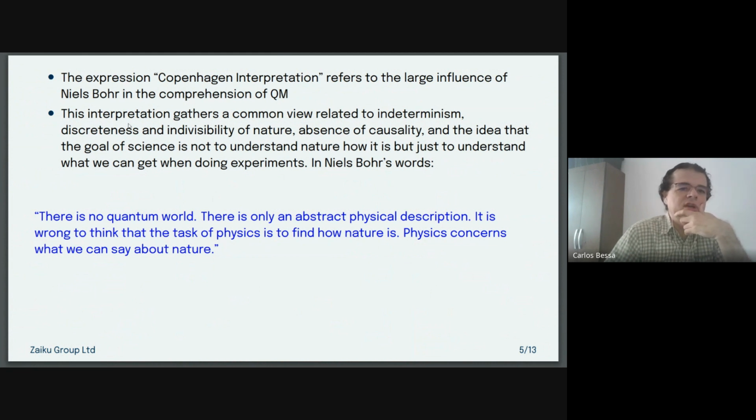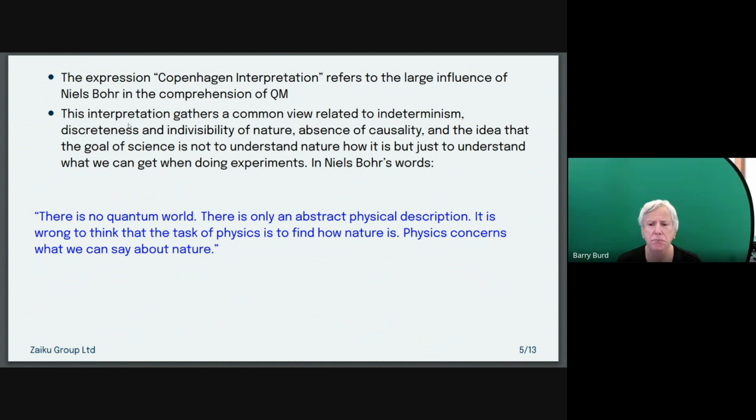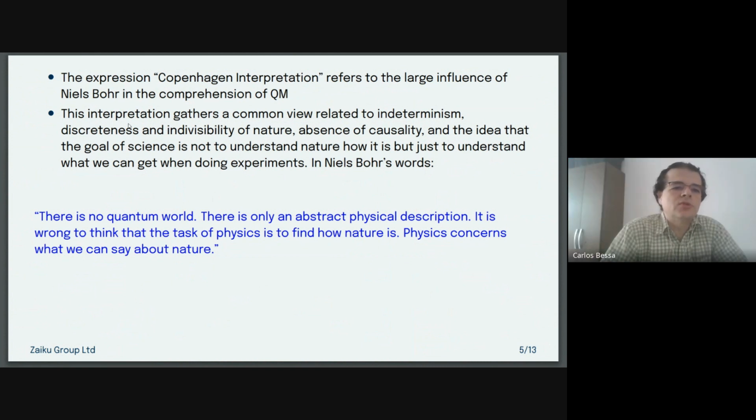Niels Bohr is a Danish physicist, born, I think, in 1895, and maybe his first important paper was from 1911, related to the atomic model, the famous Bohr atom, that could explain, before the theory of quantum mechanics was complete, some experimental results from the hydrogen atom using some postulates that Bohr decided.